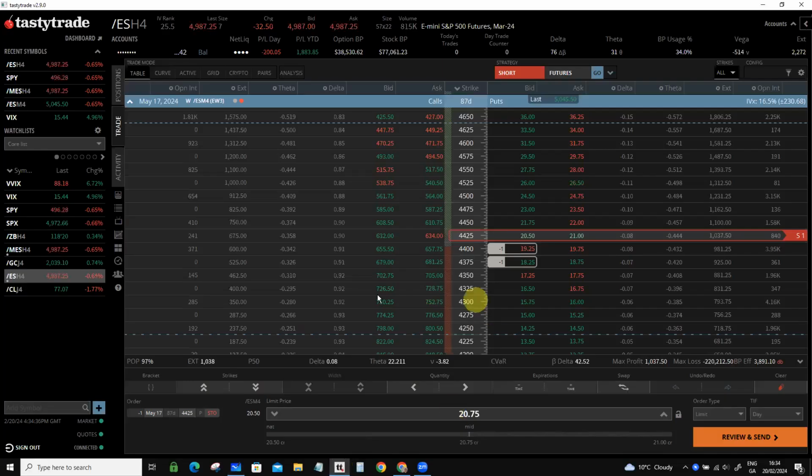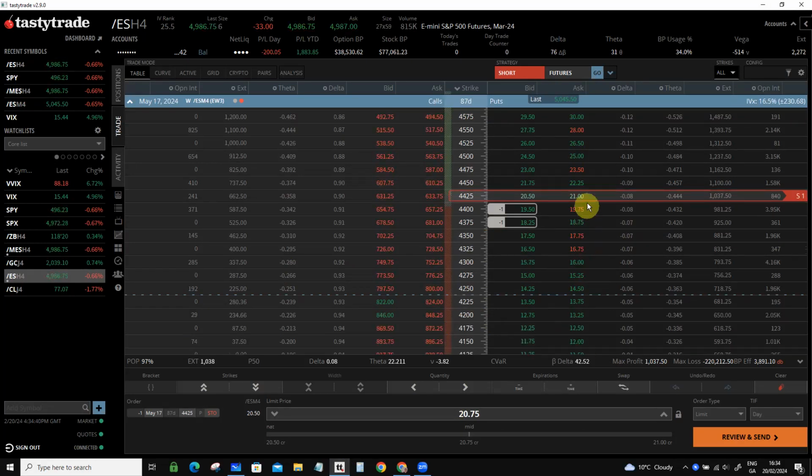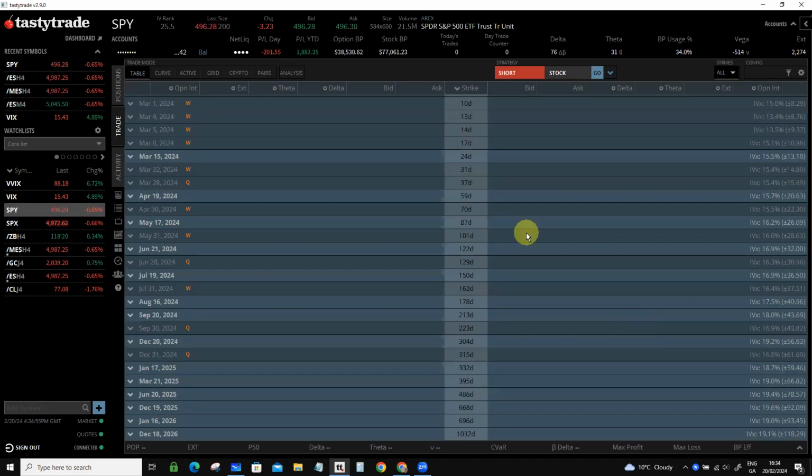So it's an allure that got me in a little bit too far, because you can see here on an 8 delta for, let's say, about 4,000 in buying power, you're collecting around 1,000. So as you can see, that's close to 25% return on your buying power.